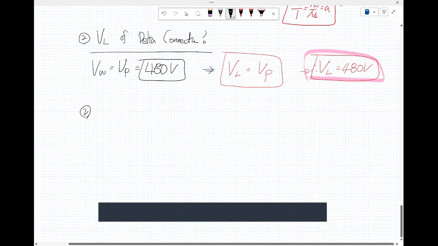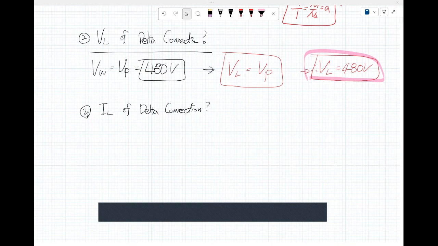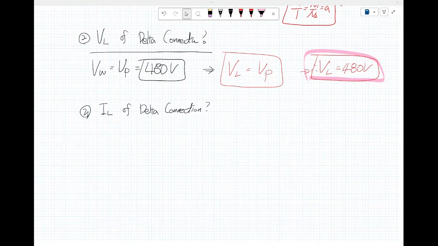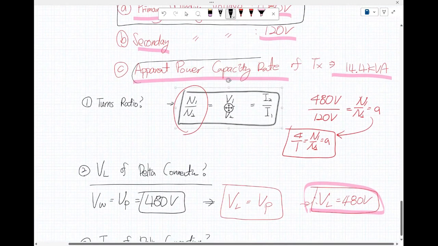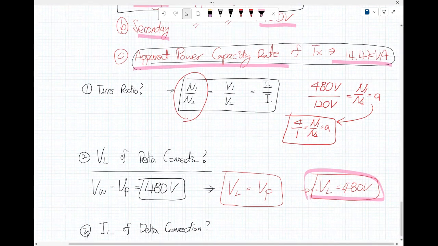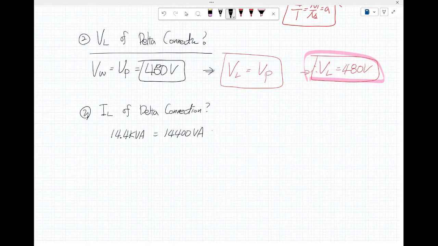Now, what is the line current in the delta connection? Go back to here. The apparent power capacity of the rated transformer is 14.4 kVA, which is 14,400 VA apparent power.